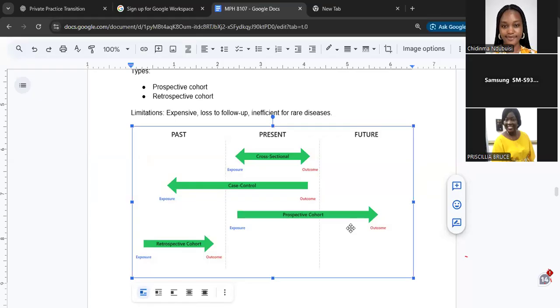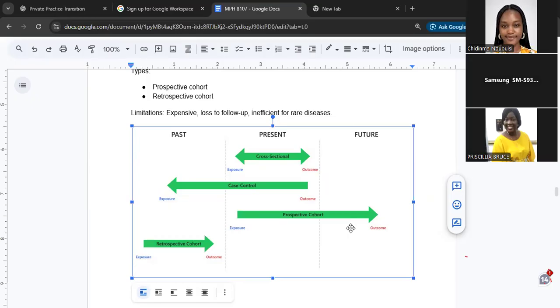Now look at retrospective. Look at the place where retrospective cohort is. Retrospective cohorts is still similar to prospective cohorts. I can almost say they are the same thing. But what is happening here?